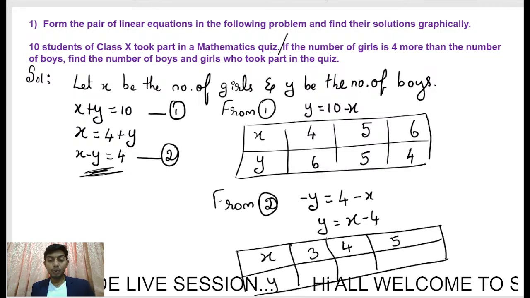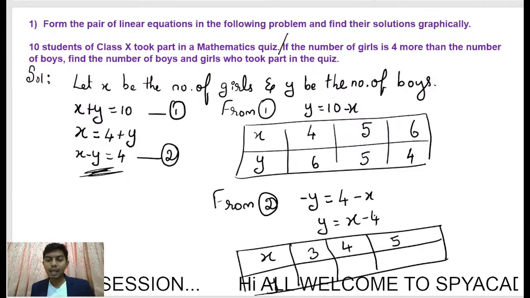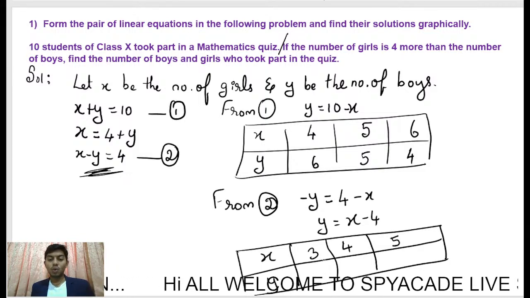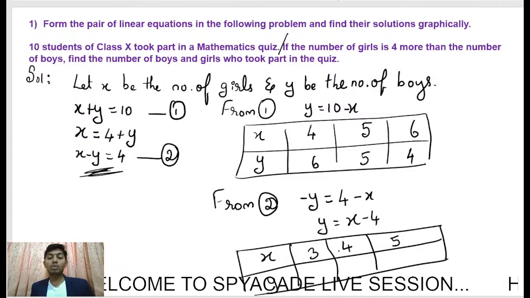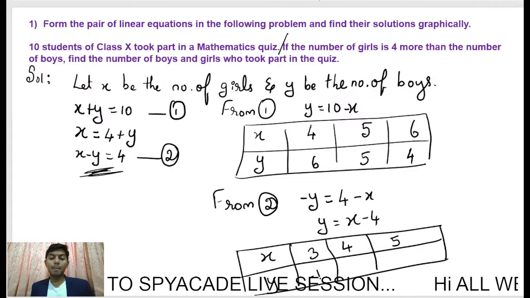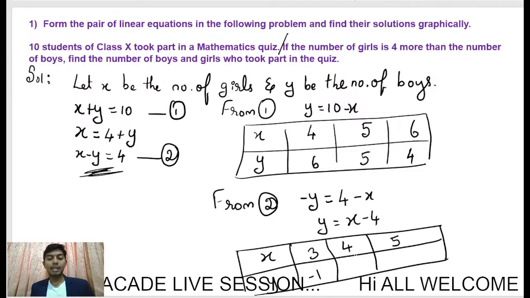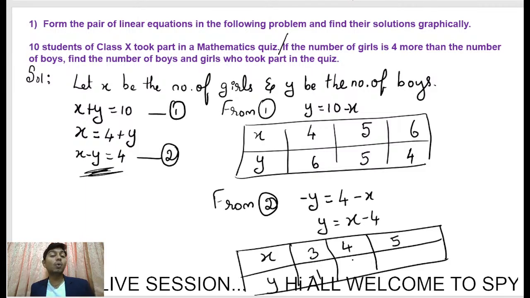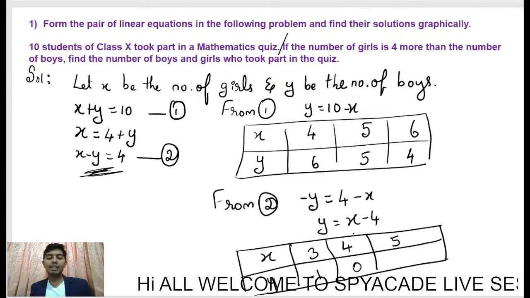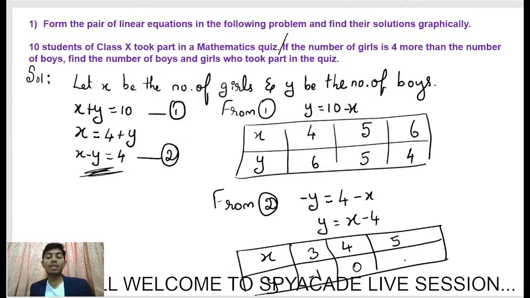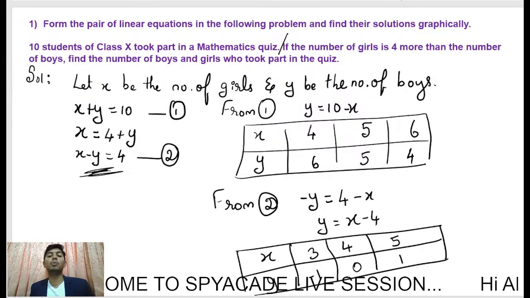Yes. So now you put y is equal to x minus 4. Right. So in the place of x, you have to substitute 3. So 3 minus 4 will become minus 1. And then in the place of x you substitute 4. So 4 minus 4 will become 0. And in the place of x, if you substitute 5, then 5 minus 4 will become 1.